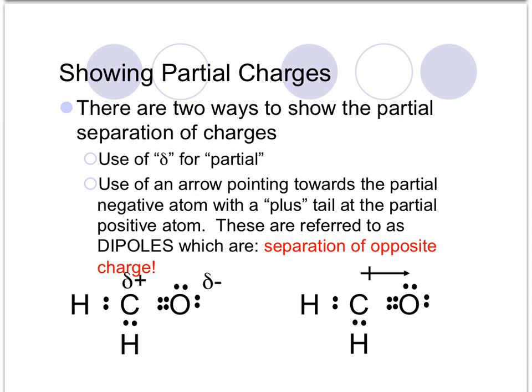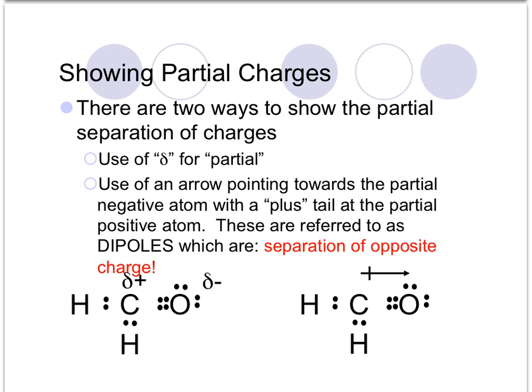One of the ways that we can show how a polar covalent bond creates partial charges is to focus in on the electronegativity difference of the two atoms. We know that oxygen's electronegativity is greater than carbon's. What that means is oxygen is going to pull the electrons closer to it.